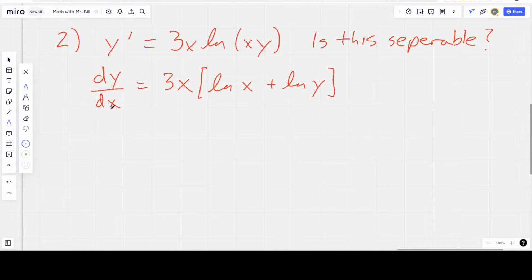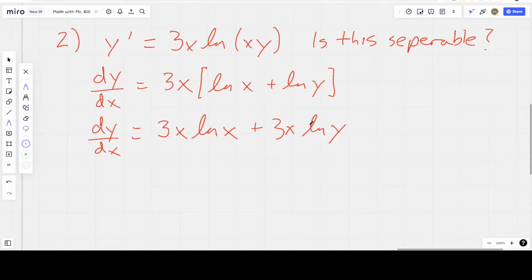If we look at the dx, we usually move that over by multiplying both sides by dx. And in order to get all of the y's onto the other side, we really need to be able to divide it. If I distribute that 3x, you'll see we end up with this mixed term, and there's really no way that I can divide out the y portion of this problem into something that will make it a separable differential equation.